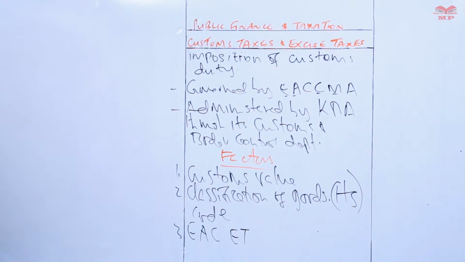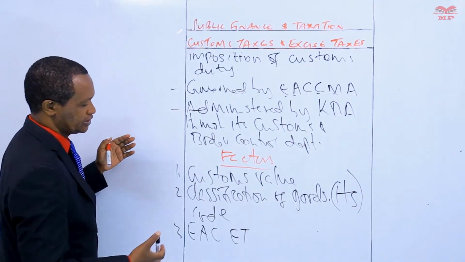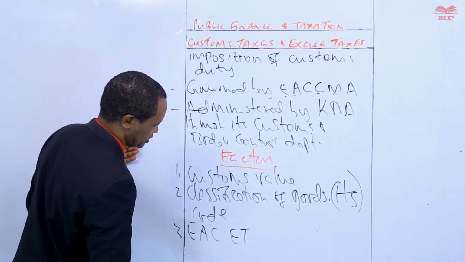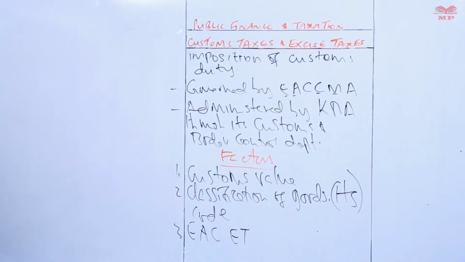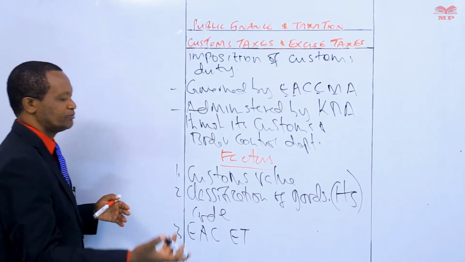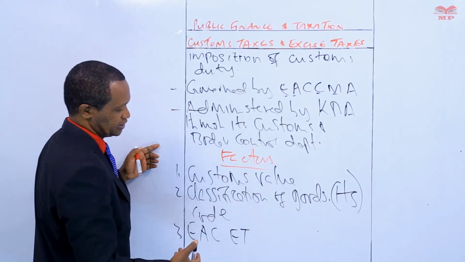The external tariff currently operates on a banded structure, with rates typically at 0%, 10%, and 25%.